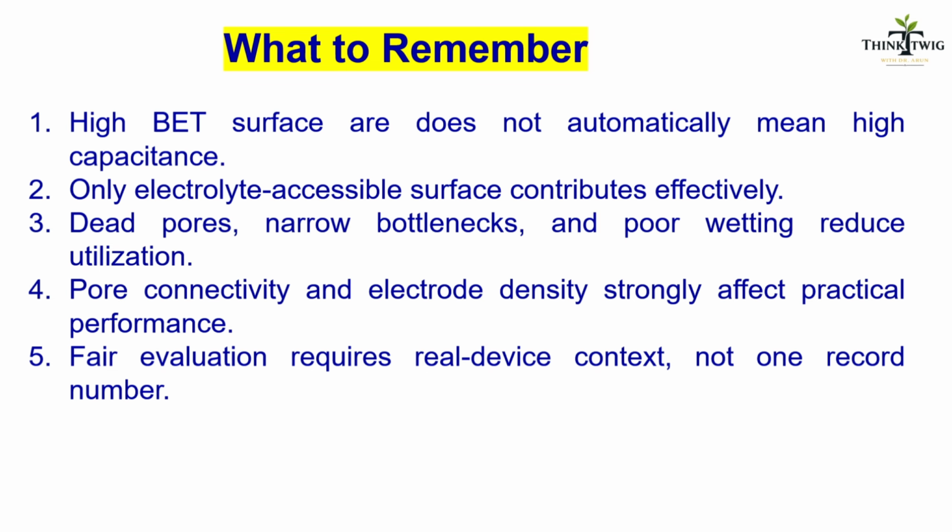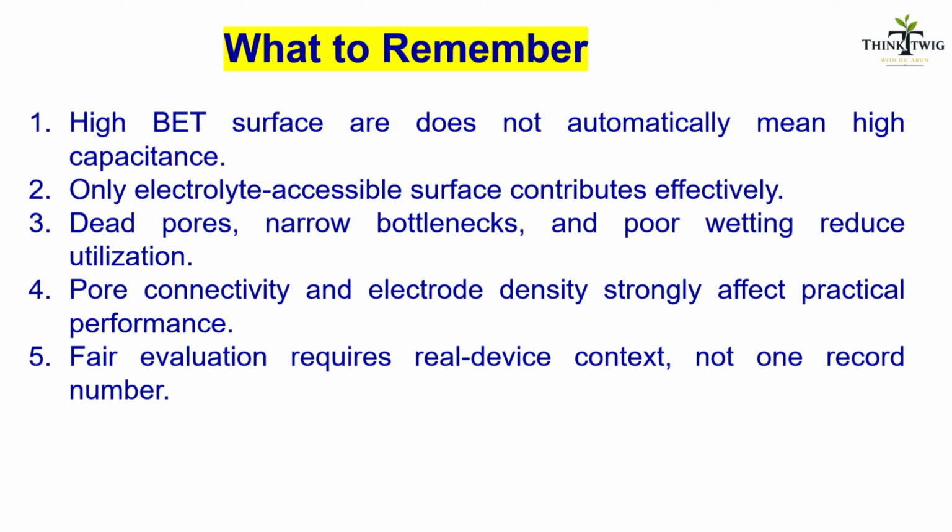Now let us return to where we started. Carbon A had around 1500 meter square per gram. Carbon B had almost 3000 meter square per gram. At the beginning, carbon B looked like the obvious winner. Now we know that the answer depends on much more. First comes accessibility. Can the electrolyte actually reach the internal surface?